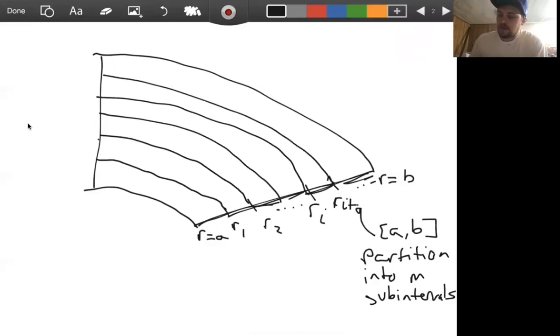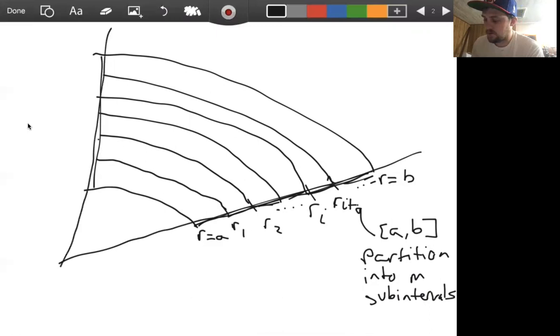Okay, and then we also can partition our theta interval, right? We have a theta interval going from alpha to beta, so we can partition the interval [alpha, beta], right? And it's not a perfectly flat interval now, it's kind of curved, if you will.